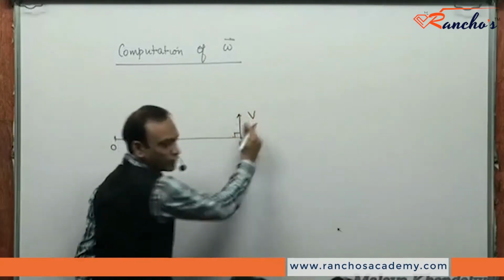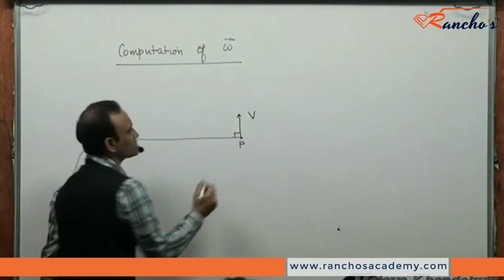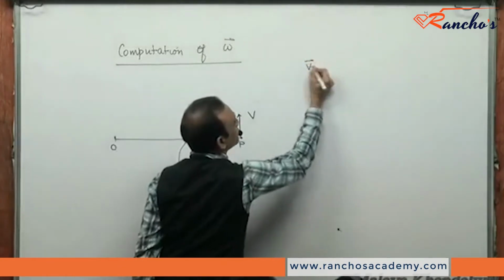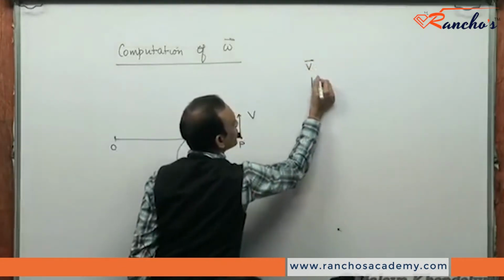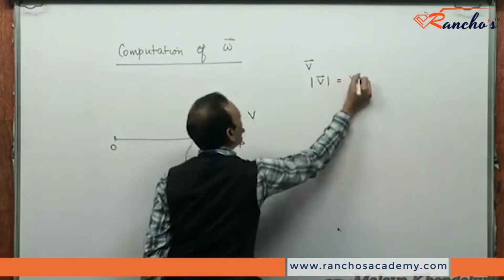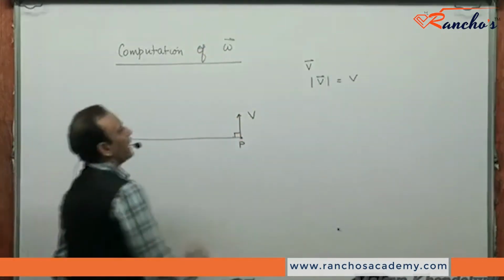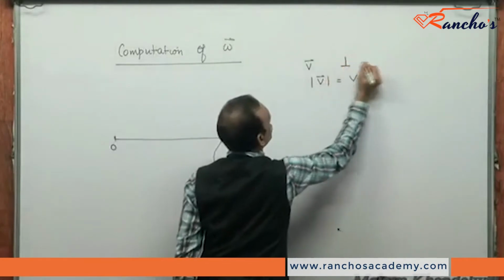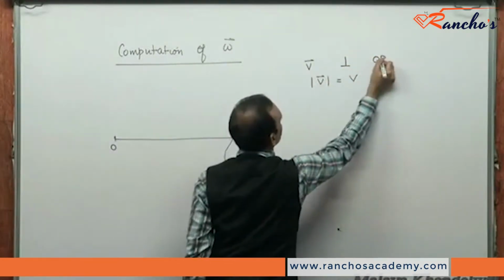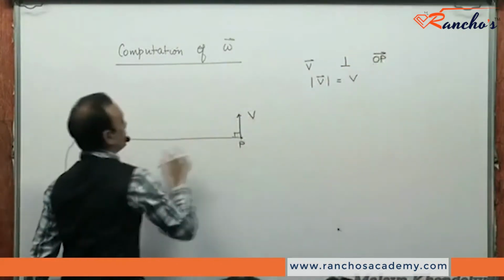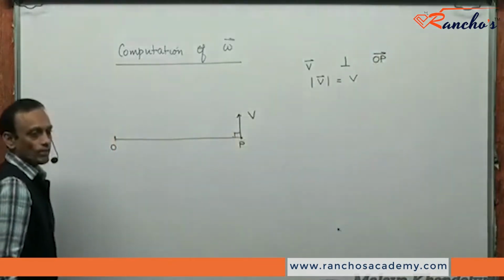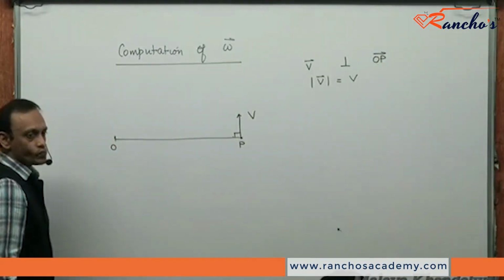V is the magnitude of the velocity vector. And V is perpendicular to the line joining the particle to the observer, perpendicular to OP. Right?